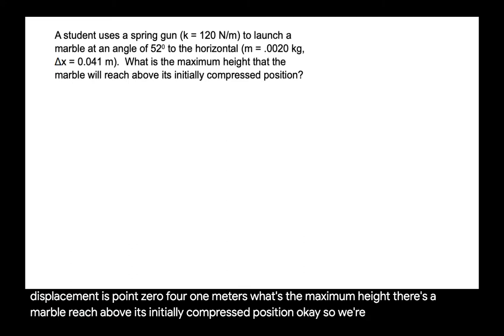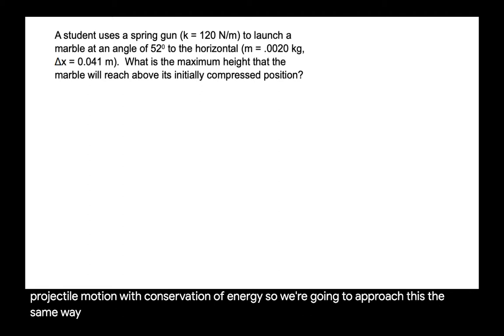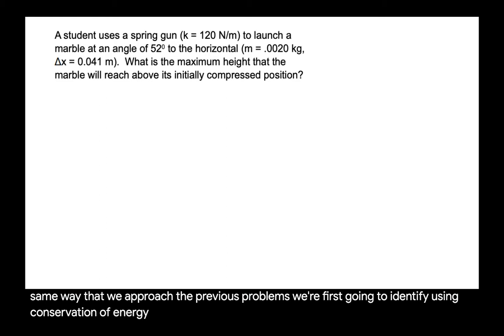Okay, so we're now combining projectile motion with conservation of energy. So we're going to approach this the same way that we approached the previous problems. We're first going to identify, using conservation of energy, an expression for the velocity.